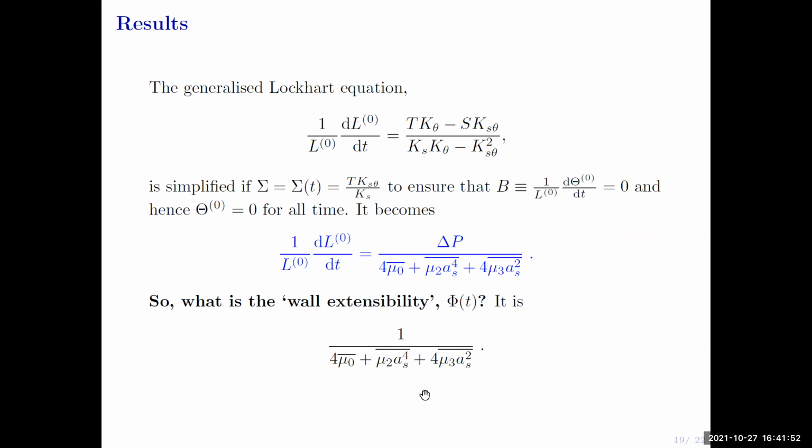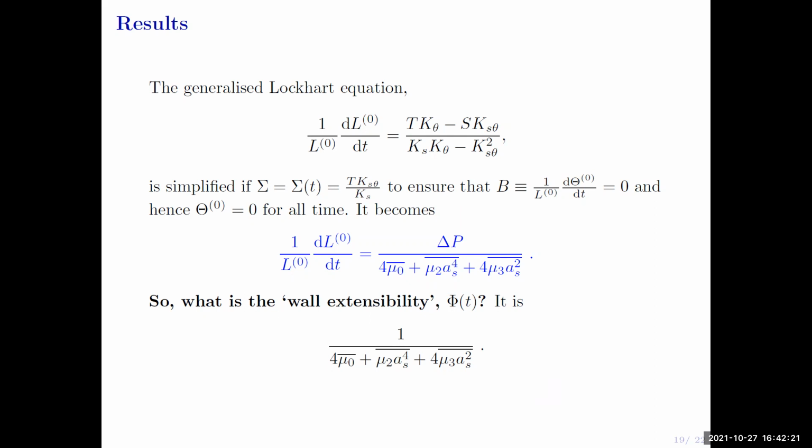And this is nice as well, because if you set phi, the fiber angle, to 0, then AS becomes 0, and you recover 1 over 4 mu naught, which is a previously established result by Dyson Jensen 2010, I think. So that's a good sanity check. But in general, this is what the wall extensibility would be in this model.